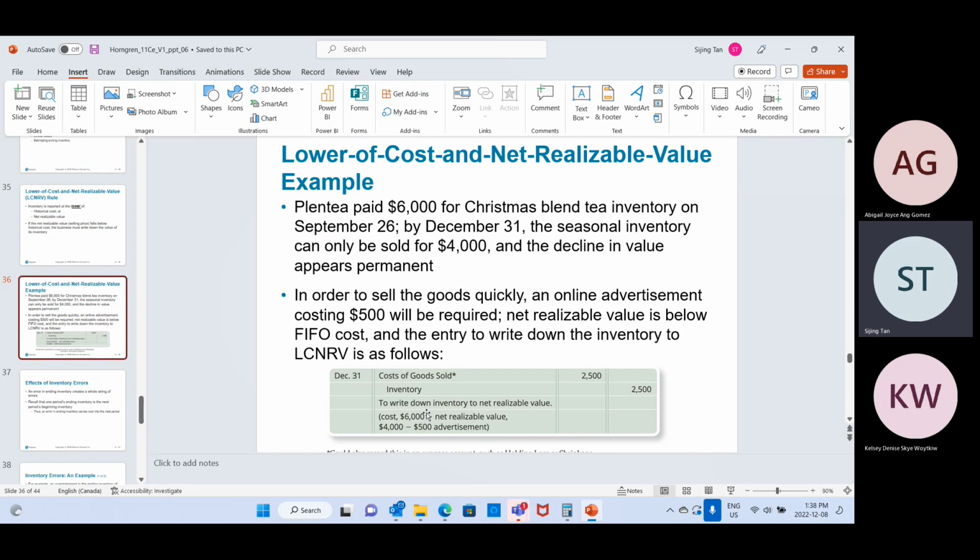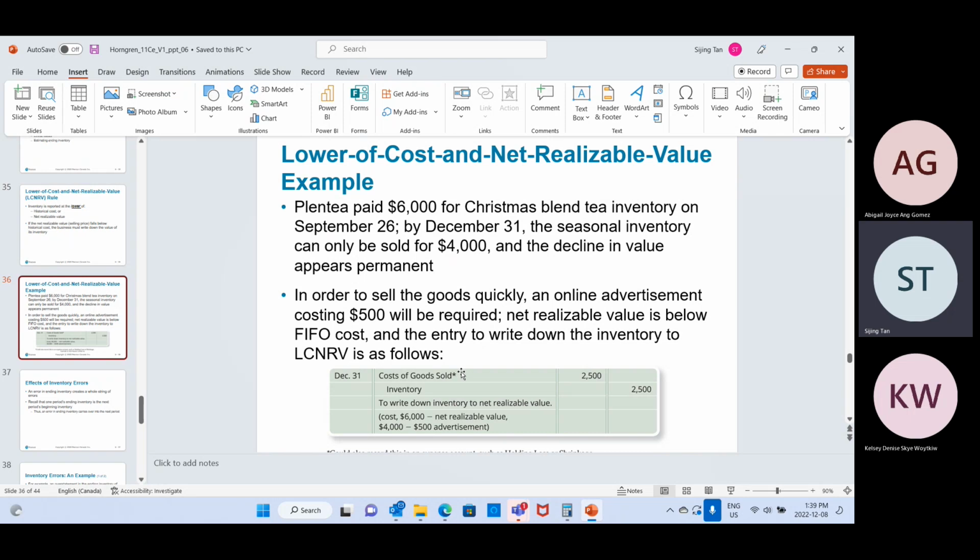We use 6,000, deduct the net realizable value of 3,500, which gives the inventory write-down total of $2,500. That is how the $2,500 comes about: 6,000 deduct 4,000, deduct 500. Okay, then we need to write down the inventory.